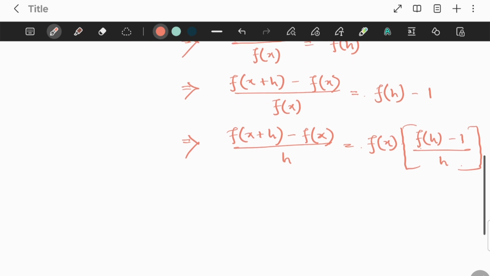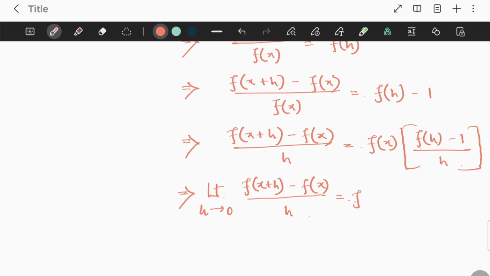So if you remember, my friends, this pretty much looks like the definition of derivatives that we learned in 11th standard, correct? So if we take the limit on both sides, limit h tends to 0, f of x plus h minus fx by h equals fx, again limit h tends to 0.